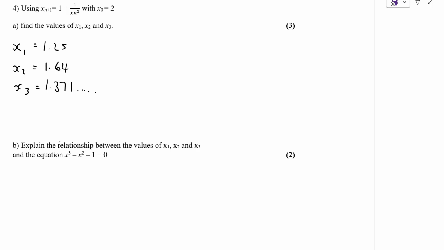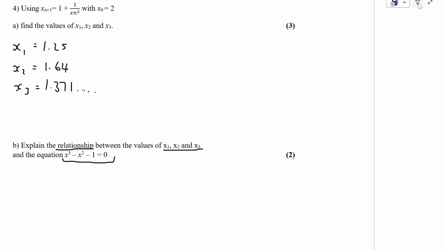Now, part B, another question we could get with iterations. Here we have to explain the relationship between the values of x1, 2, and 3 that we found in part A and this equation here. Now, what we need to do in these questions is, if you see something like this, what you need to do is 2 things.